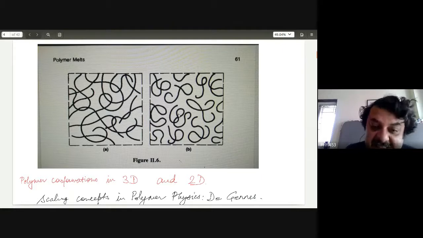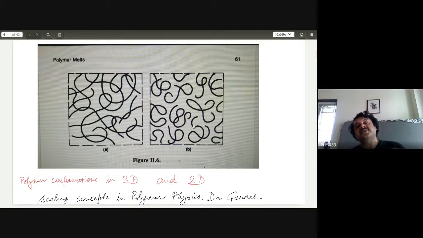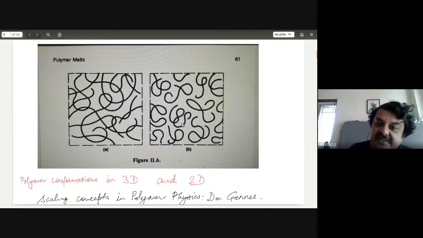Or is it like this, where yes, there are polymer chains which are touching, so this polymer chain might be touching the monomers of this chain, this chain, and so on and so forth. But you see that in the region of one self-avoiding polymer chain, you don't see too much, except at the peripheries, the monomers of other polymer chains getting inside its space. So which picture is the appropriate one?